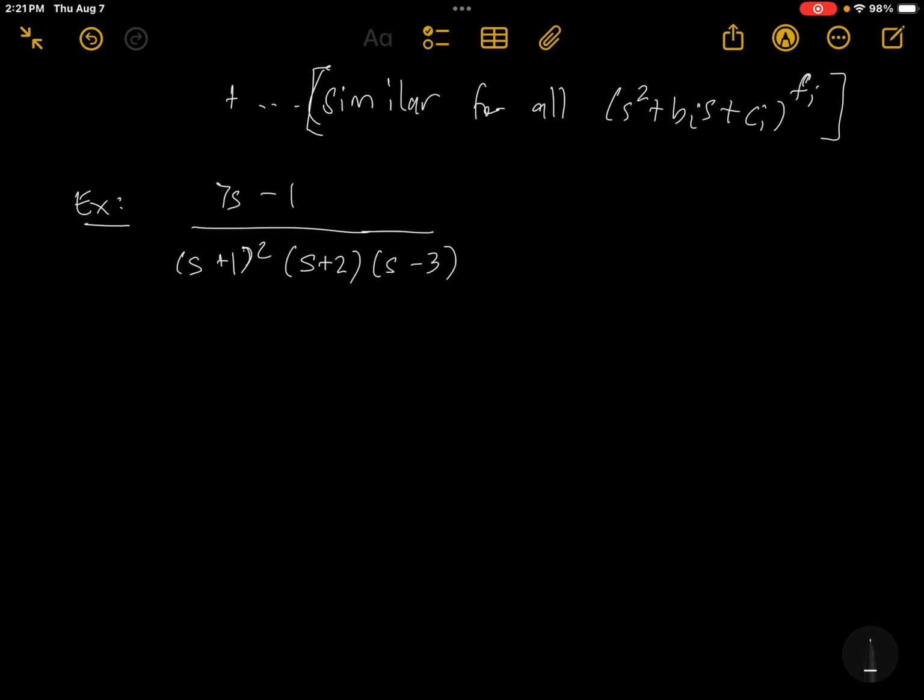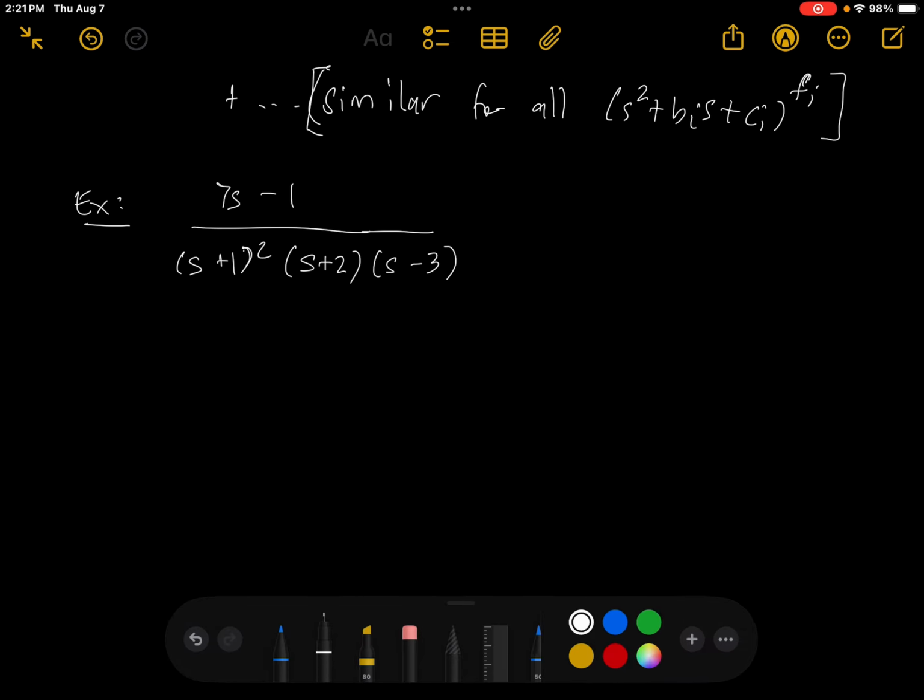So if you have something like, oh, let's not do (s plus 1) squared. Let's just do s plus 1. Yeah, let's do it like this: s plus 1 times s plus 2 times s minus 3.